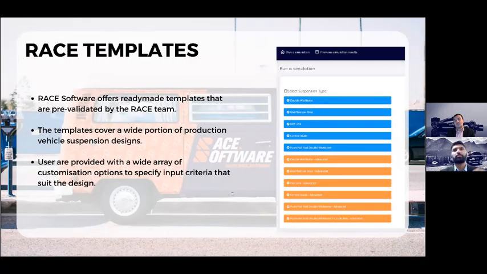So just to give you a little bit of background on our approach to templates, you can see on the list on the right-hand side the templates that we've got, and these are all pre-built and ready-made, so you don't have to build it from scratch and go into all of the nuances and complexities of building up a specific McPherson strut type suspension. It's already built, so you can come in with your own hard points, your own damper and spring details and bush details and things like this to start running it.